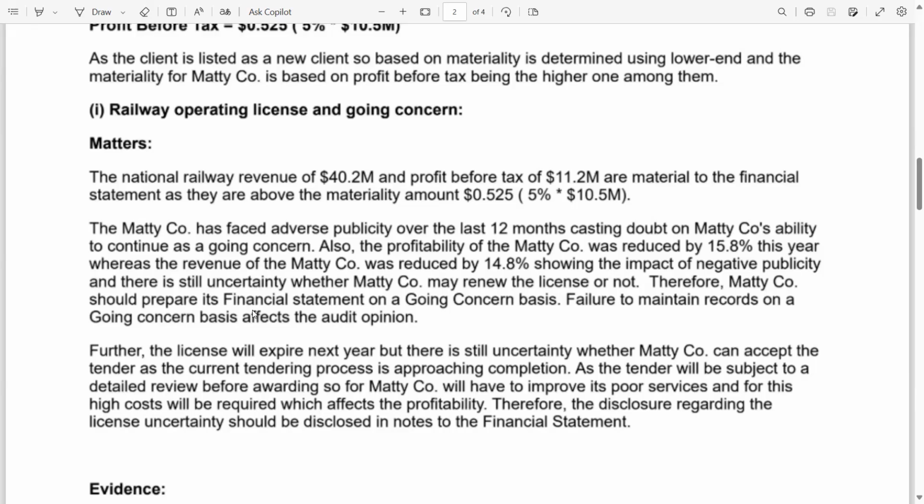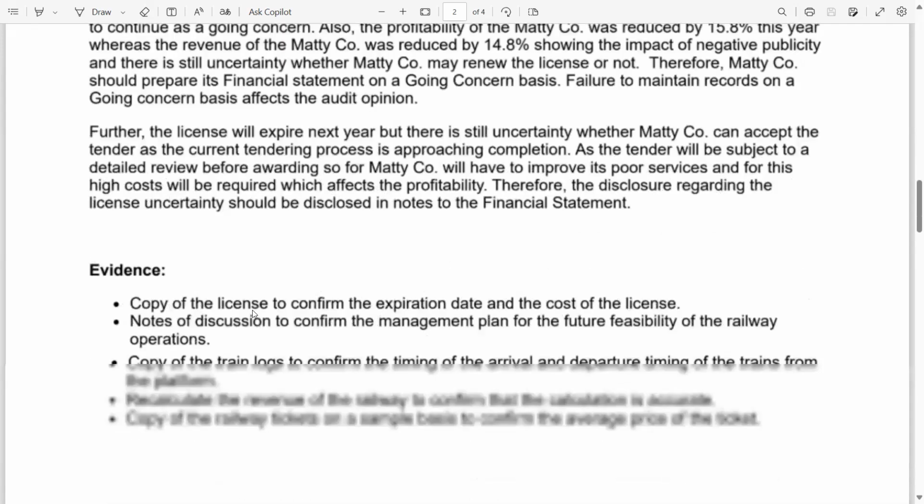Therefore, the disclosure regarding the license uncertainty should be disclosed, meaning the going concern disclosure. Material uncertainty related to going concern should be disclosed in the notes to the financial statement. This is how you should write the matters on the completion of the audit.